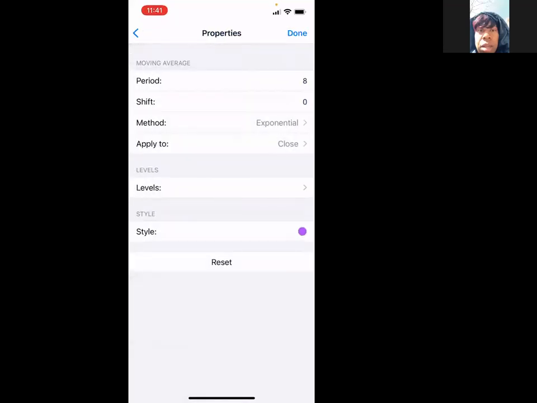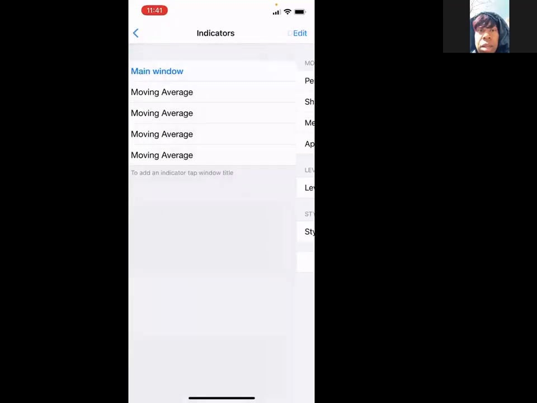Do you have MT5 or something? No, I don't have an Android phone, but I'm on MT4. I'm on MT4 too. Will the ADX settings look different from the moving average settings? Yeah, I think that's what she's saying.